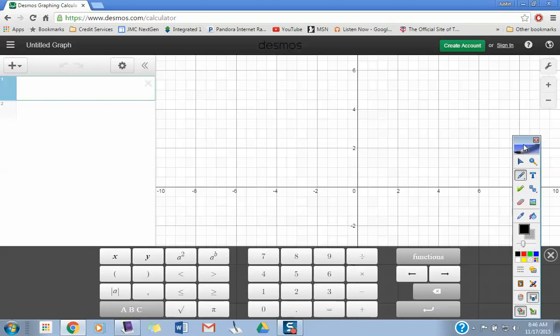Okay, guys, in example 1, what's the first equation that they're asking us to put in? Y equals what? 3x plus 2. All right, I'm going to type this in. I'll ask you a few questions about this.